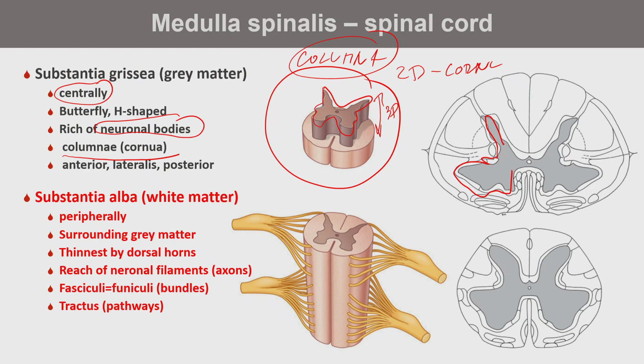Because the spinal cord is organized in 3D, it's organized into segments, and those segments are equipped with one pair of spinal nerves. Then we can observe that the functional unit of it is not only in one plane in 2D, it is in 3D because it's organized more complexly, also craniocaudally.